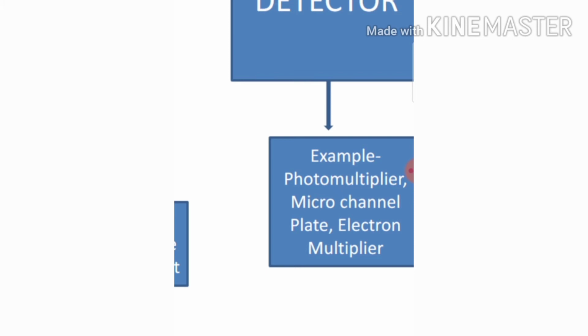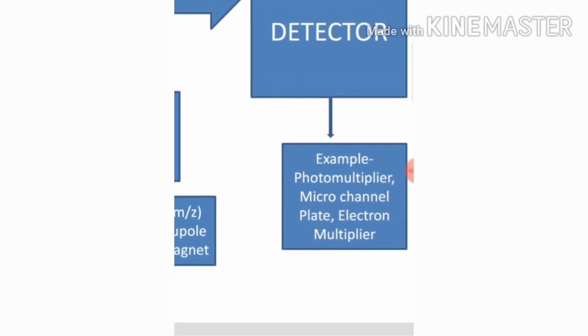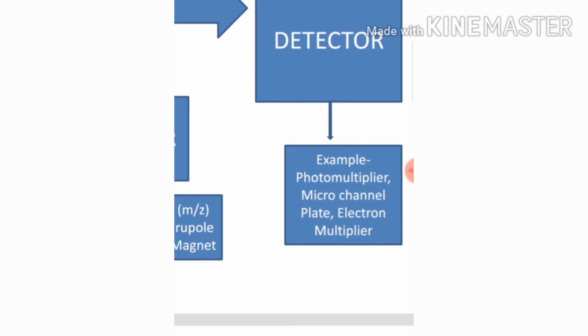These are the different systems through which we detect the mass spectra of each ionic charged sample that has different energy as well as different mass.